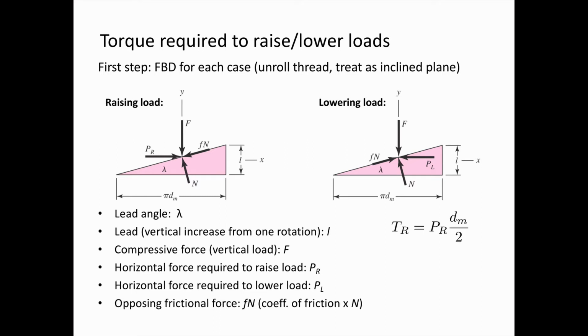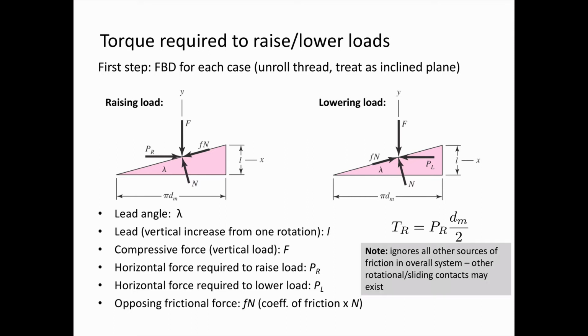We're going to use this relationship, the torque being related to the load required to raise or lower the load, multiplied by the mean diameter divided by 2, or the mean radius.